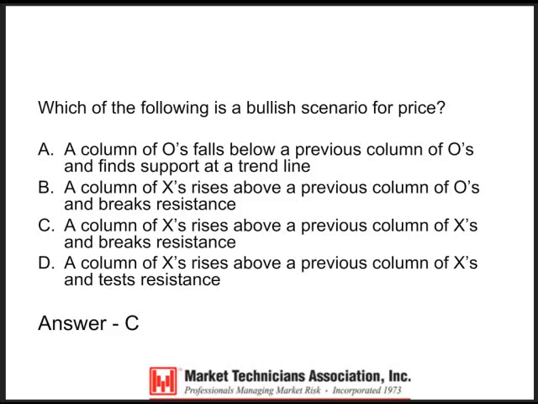Well, that's kind of hard because the X's would already be higher than the O's, so B would be trumped by C, a column of X's rises above a previous column of X's. And then, tests resistance. Well, testing resistance really isn't a bullish scenario for price, so breaking resistance would certainly be better. So by the process of elimination, we find that C is the best answer for us.